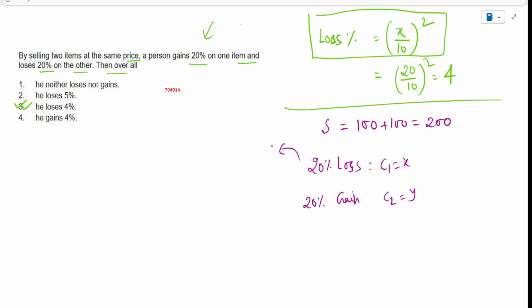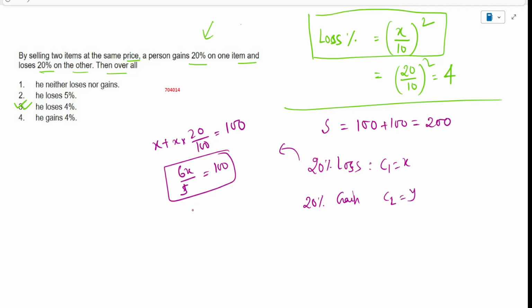So what is the actual cost price? x plus x into 20 upon 100 is equal to 100. That means 6x by 5 is equal to 100.